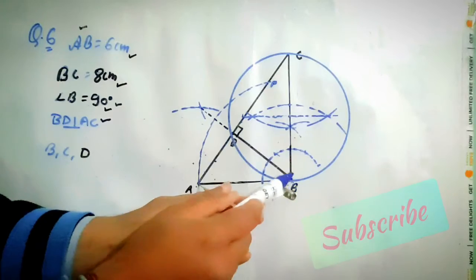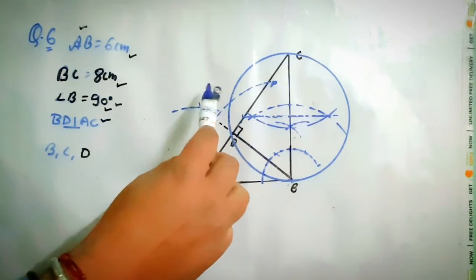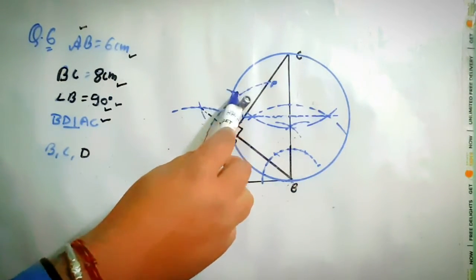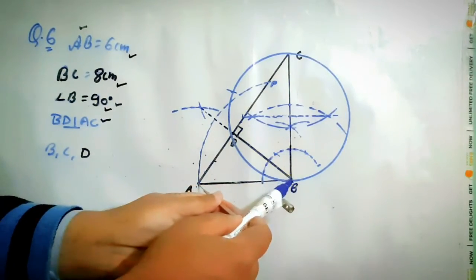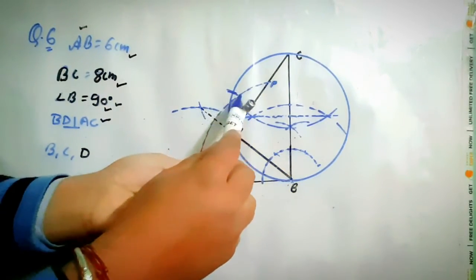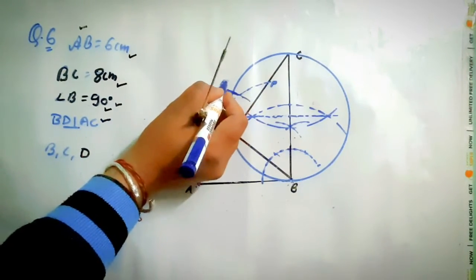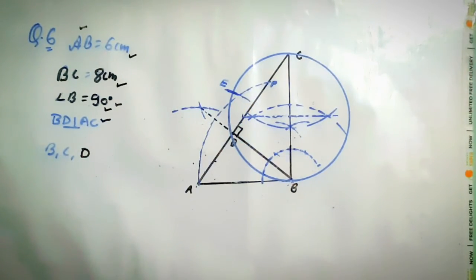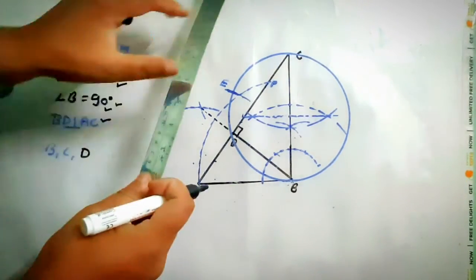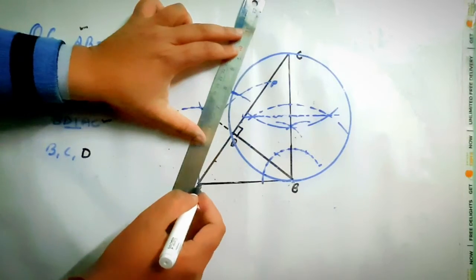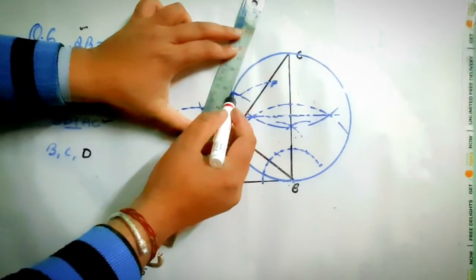Open equal to AB and mark a point on the circumference of the circle. This will be equal to AB. Let us name the point E. Join E with A.